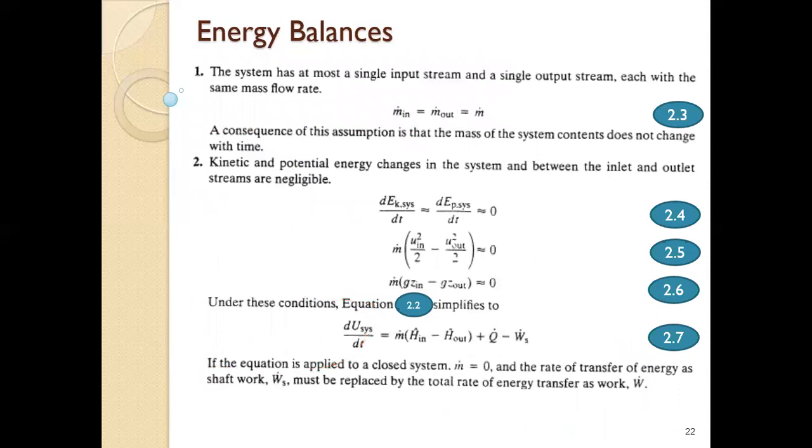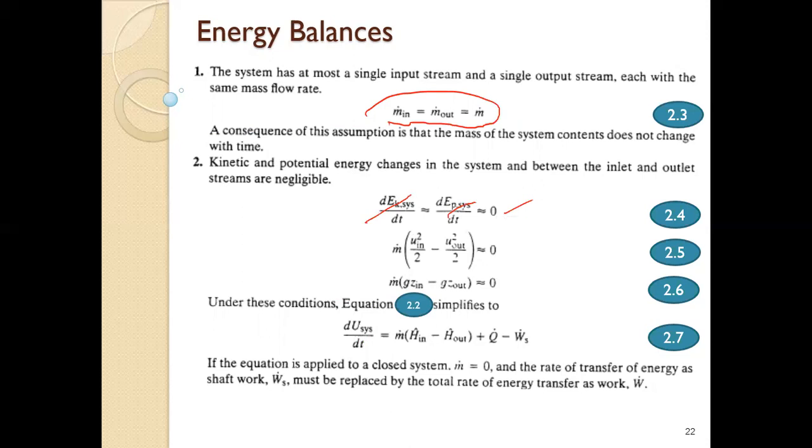Okay, to simplify the energy balance, suppose the system has a single input stream and a single output stream. Then m in equals m out equals m. Generally, the kinetic and potential energy changes in the system are negligible, that is dEk/dt and dEp/dt are zero.